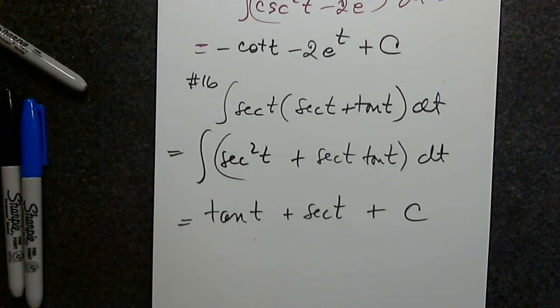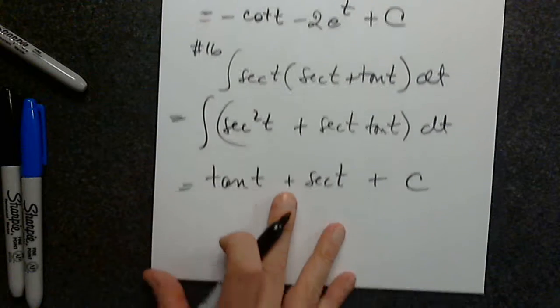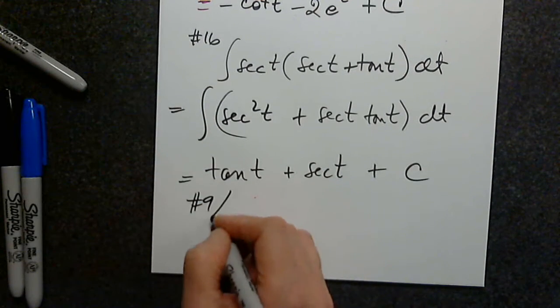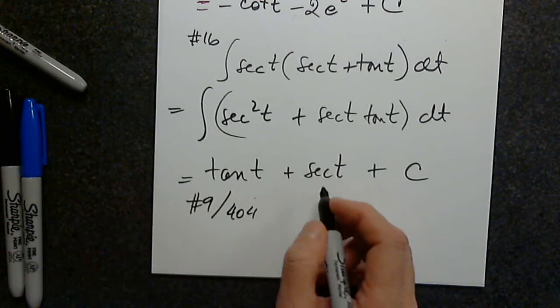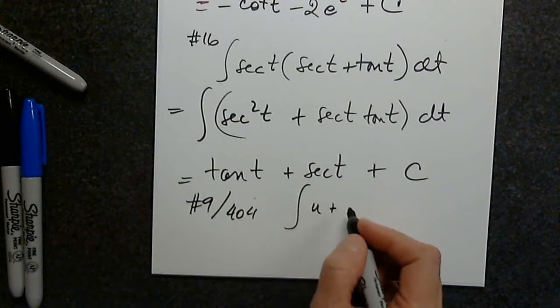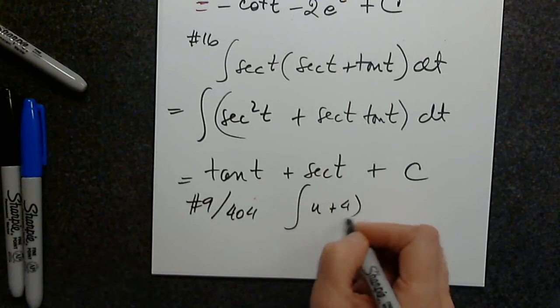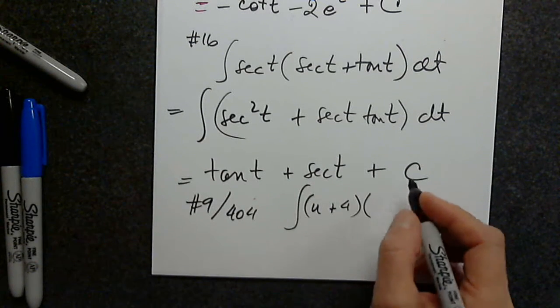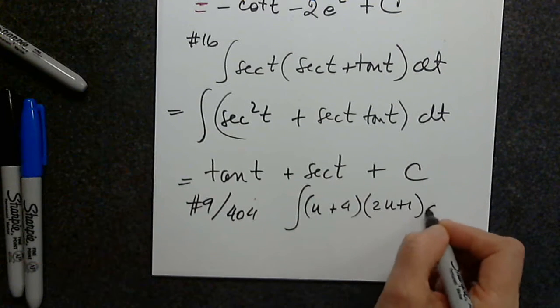Let's look at more problems like number 9. Same page, 404. The integral of u plus 4 in parentheses times 2u plus 1 du.